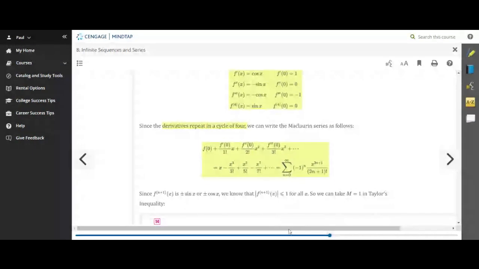Actually, hold on, let me go to the whiteboard and write this. So the sine of x equals this power series.